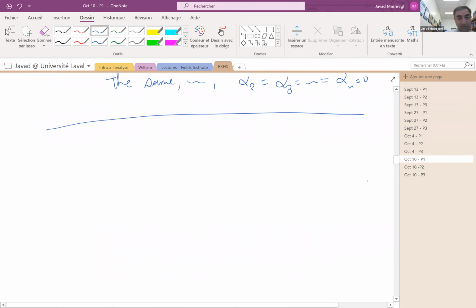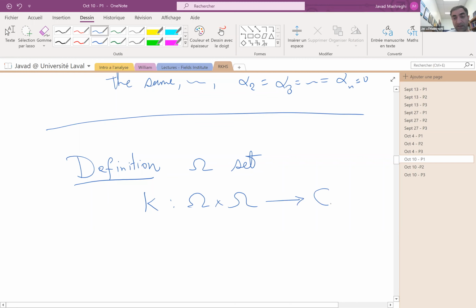Here is the definition. Omega is a set. K, you see, the function K is given now, not the Hilbert space. K defined on omega times omega with values in C is given. It's a function.